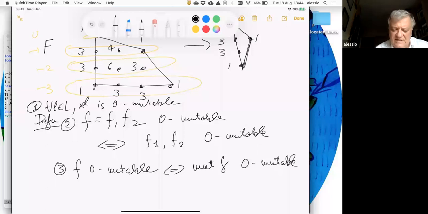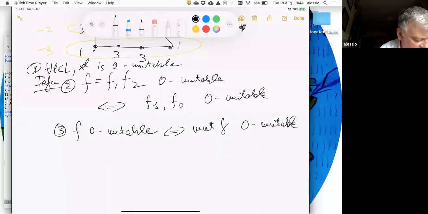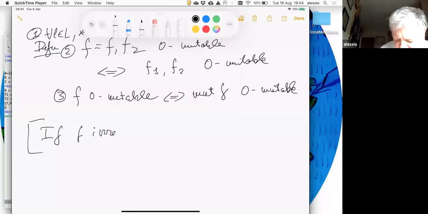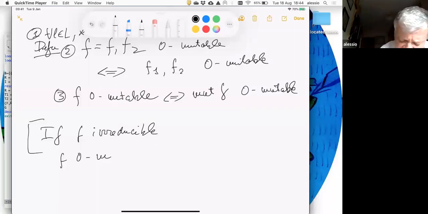Let me try and clarify this. If f is irreducible, then f is zero mutable. Well, perhaps I should have given this as a definition now in retrospect.